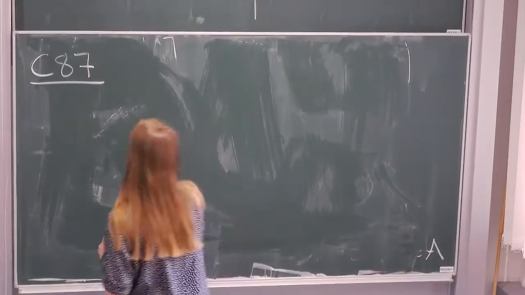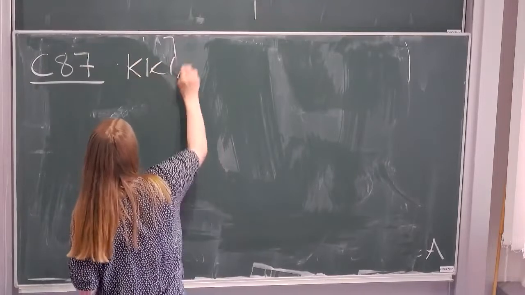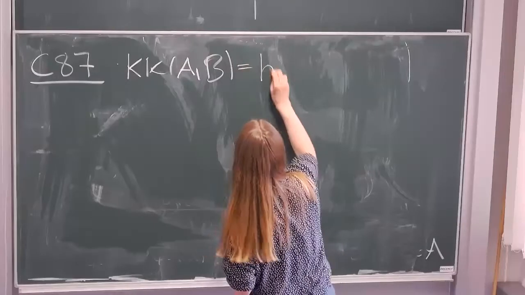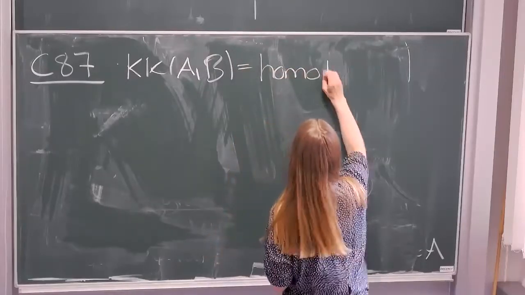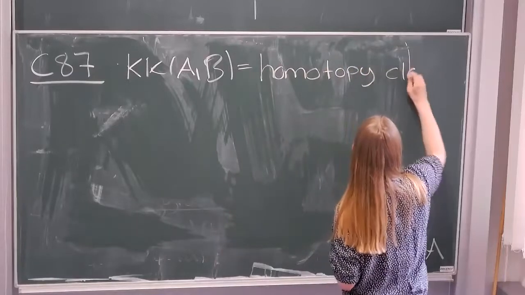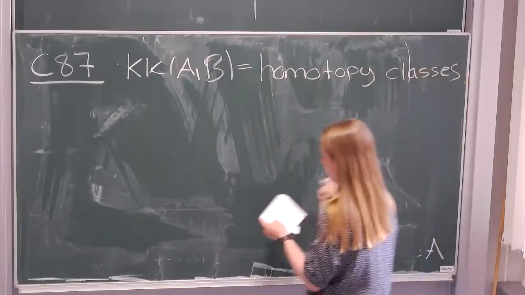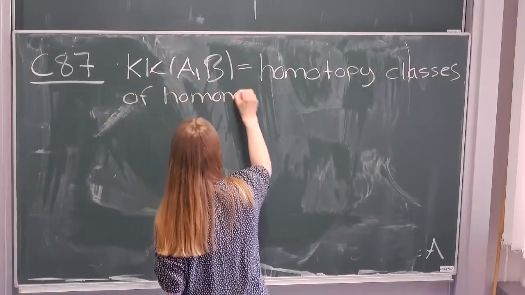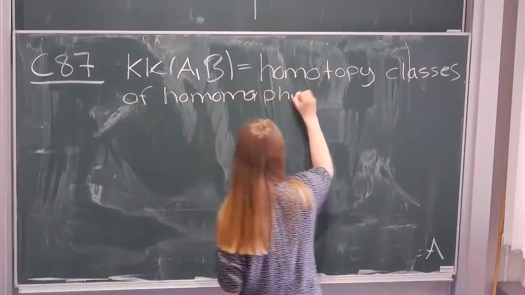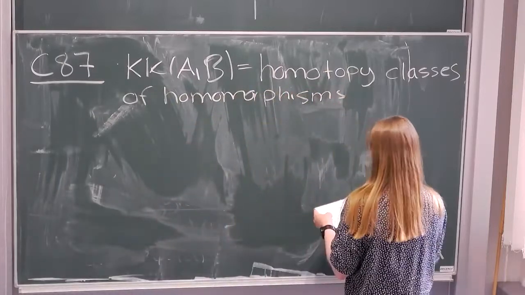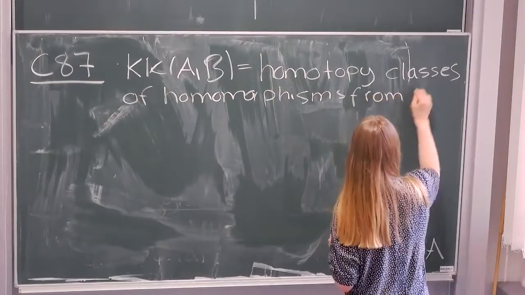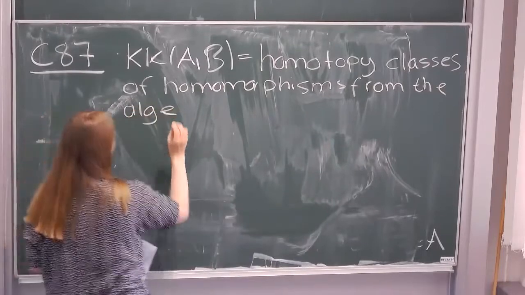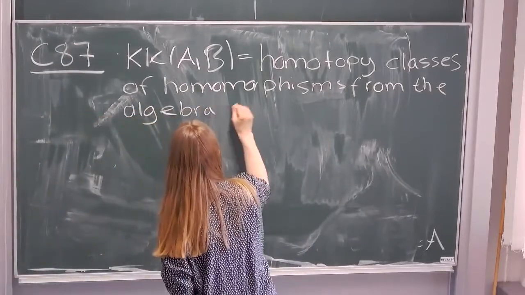Now KK(A,B) is defined as homotopy classes of homomorphisms from a specific algebra called QA.